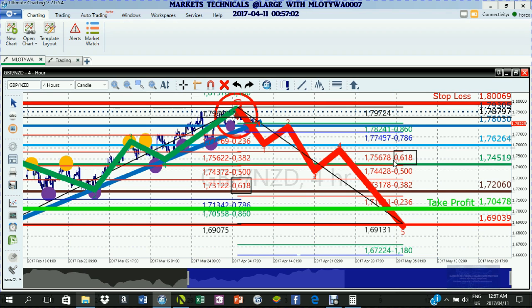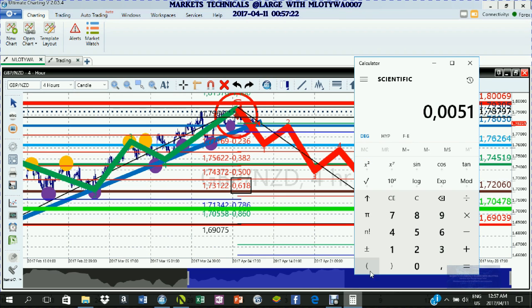And now, how many pips are we expecting if we enter the trade now? We look at this rate and we subtract this one. It's a calculator.